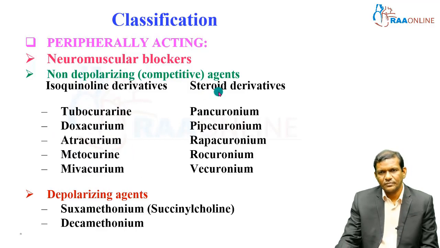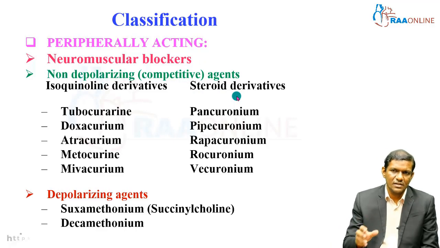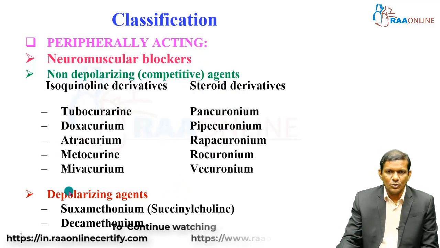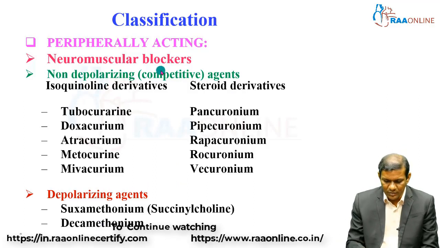Among the steroid derivatives, you have pancuronium, rocuronium and vecuronium, which is more commonly used nowadays. As the name suggests, you have the steroid structure in these. So these are the two subdivisions, non-depolarizing agents and depolarizing agents, under the neuromuscular blockers, which act on the peripheral muscle.